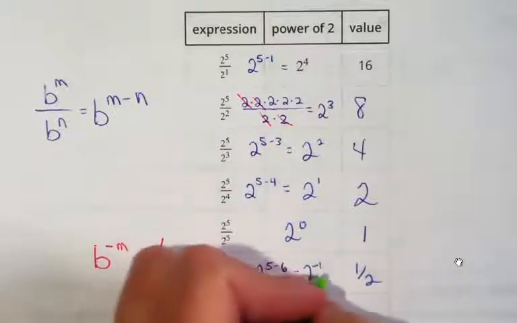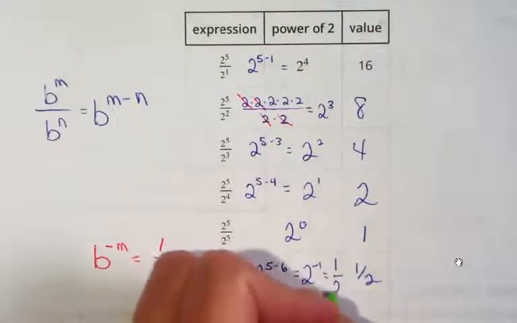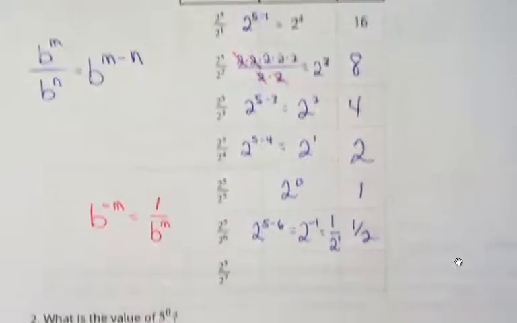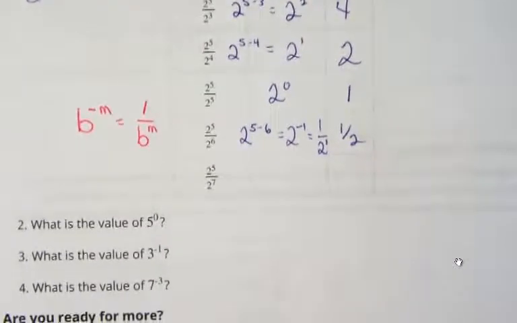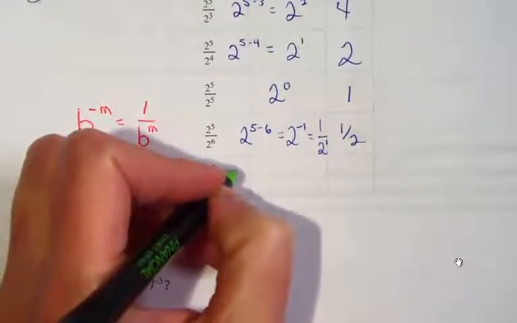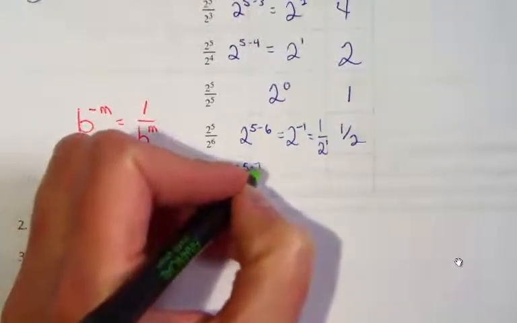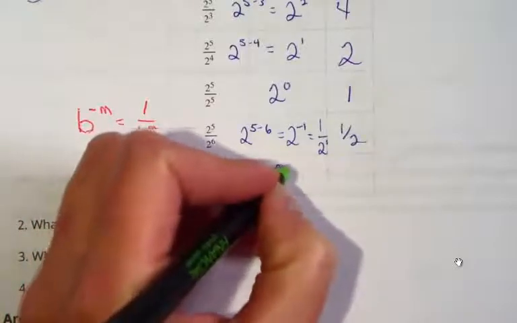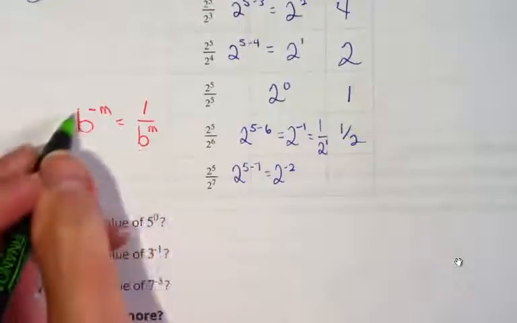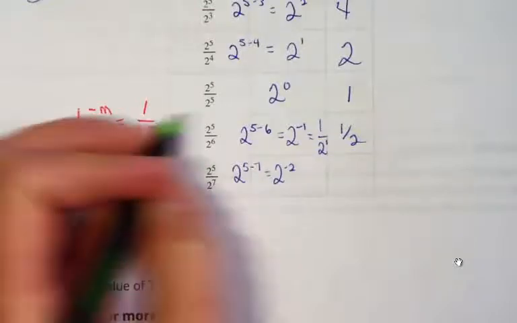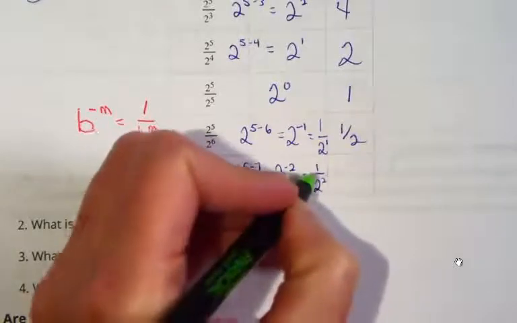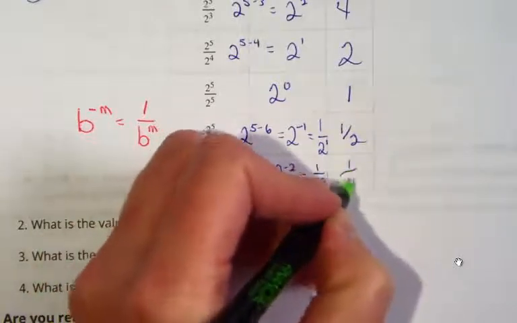So this would be the same as 1 over 2 to the 1st power, or 1/2. And last but not least in this table, we're looking at something like 2 to the 5 minus 7, or 2 to the negative 2 power, using this idea that a negative exponent kicks it to the denominator, means we have 1 over 2 squared, which would be 1 over 4.